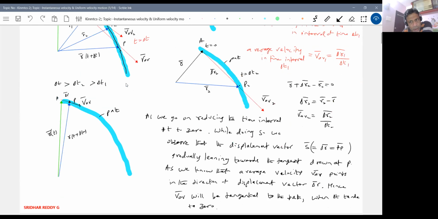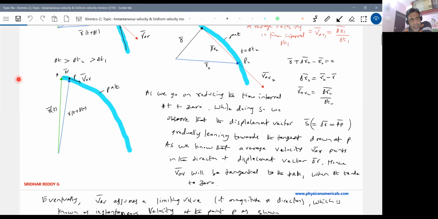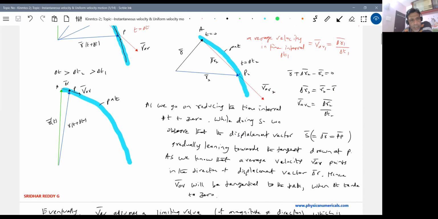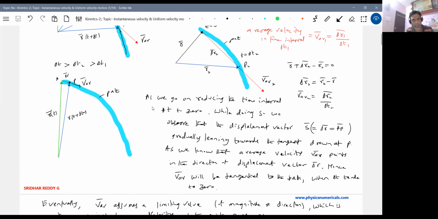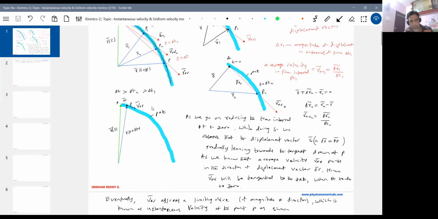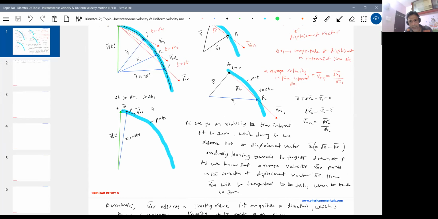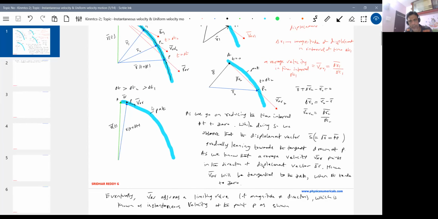It will almost tend to 0, eventually. I think I have to show the complete description. So almost eventually delta t tends to 0.